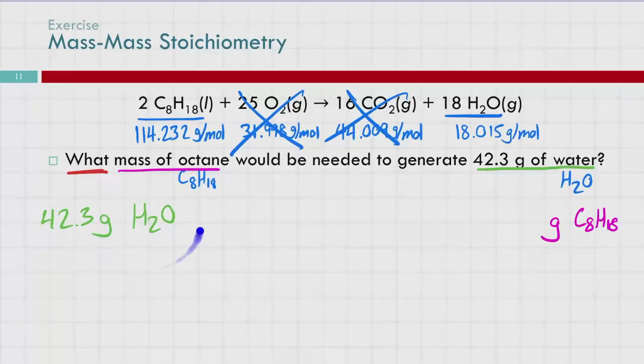So starting with the grams of H2O, our H2O is over here. We need to at some point swap from H2O to octane. To do that, we need to use this balanced chemical equation. And to do that, we need to be in moles. We must have moles to use the balanced reaction.